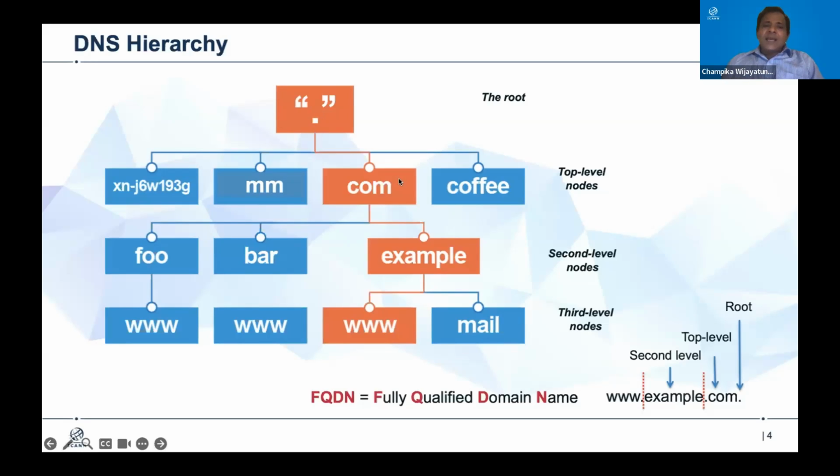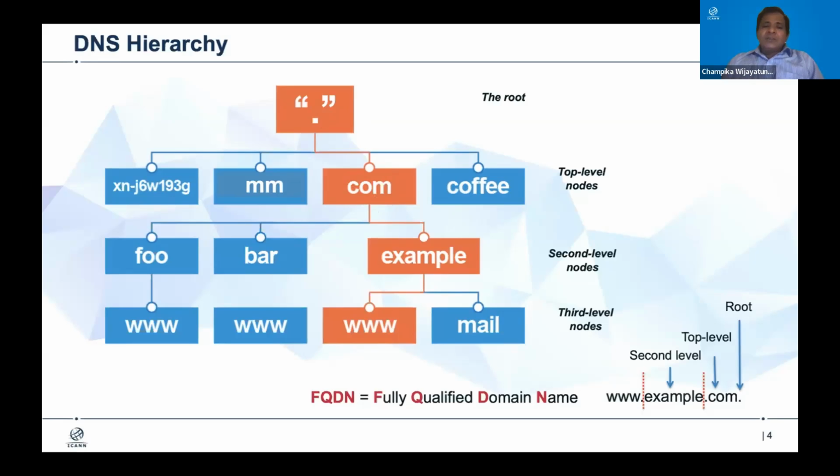Now the root has delegated part of its responsibility to other parties. You can see there are different parties here, like .com, .mm, .coffee, right? These are all top-level domains. We call those TLDs, or top-level domains. Earlier I was referring to some different types of top-level domains as well, if you remember.